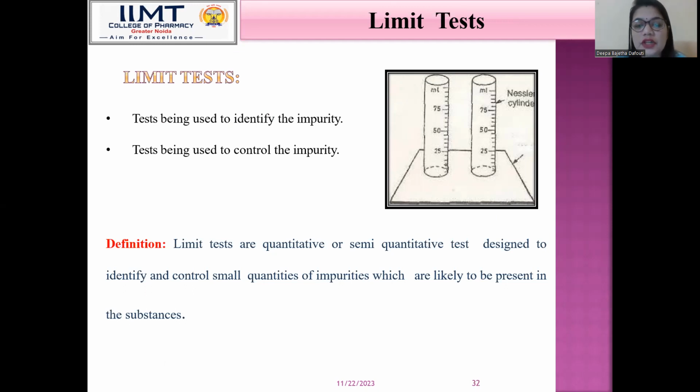The test which is used to control the impurity is called limit test. Limit tests are quantitative or semi-quantitative tests designed to identify and control small quantities of impurity present in the pharmaceutical substances. Limit test will be performed in the lab in the Nessler cylinder.